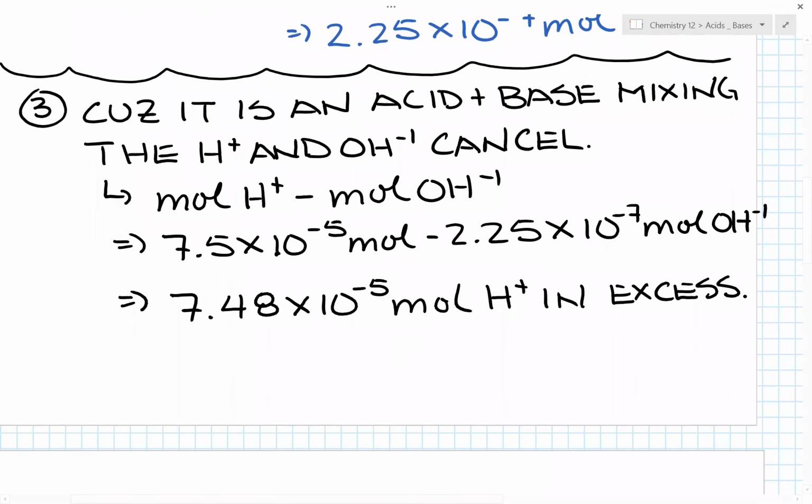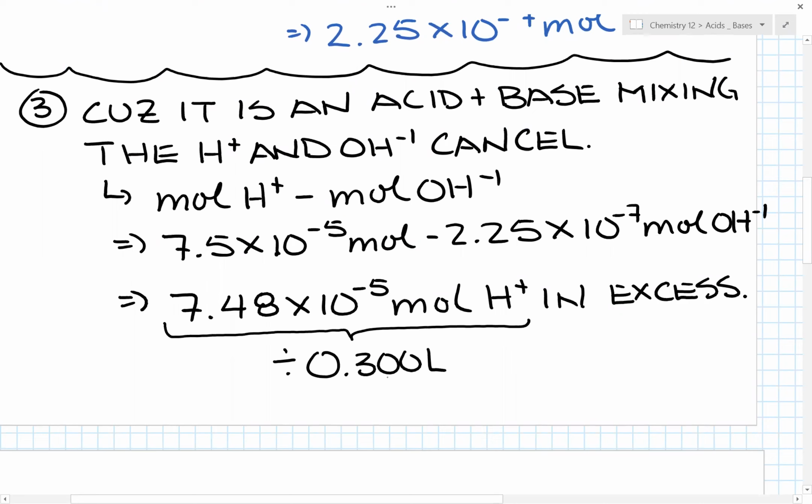Now, what I do here is I take this and divide by 0.300 liters, and that would give me 2.49 times 10 to the negative 4 molarity of H+ left over.